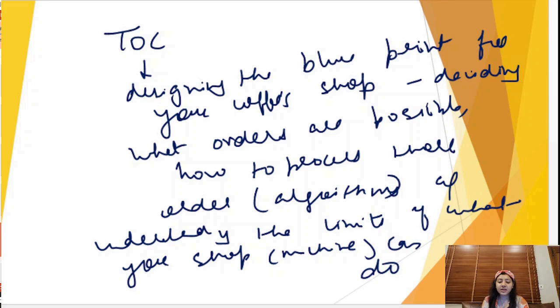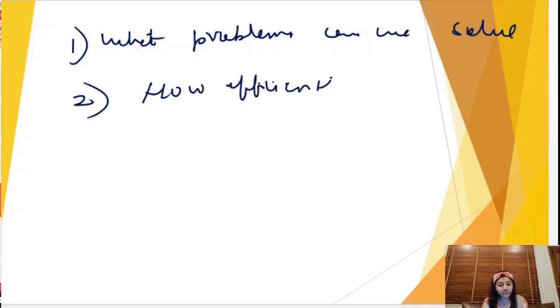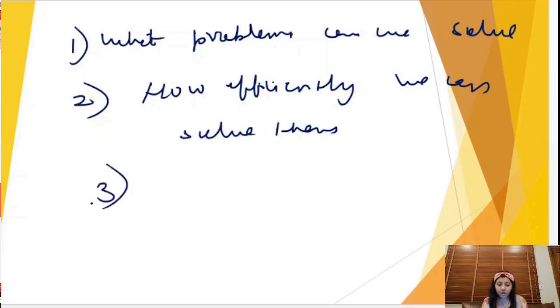So in TOC we will basically try to answer three kinds of questions. The first is what problems can be solved. The second question is how efficiently we can solve them. And the third is what problems are impossible to solve.